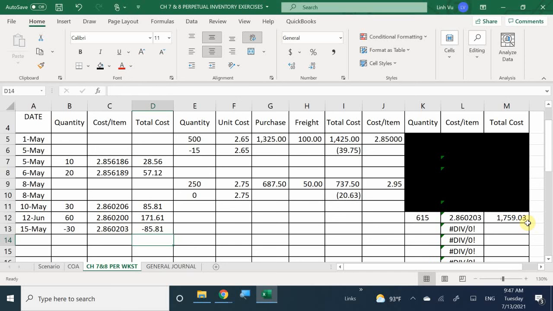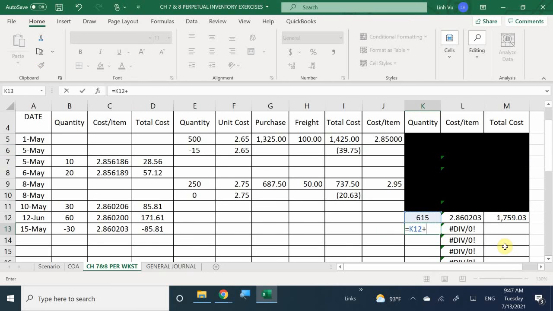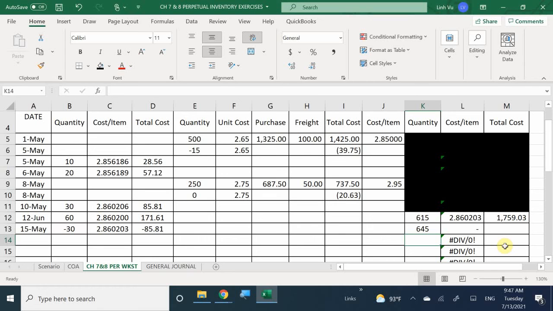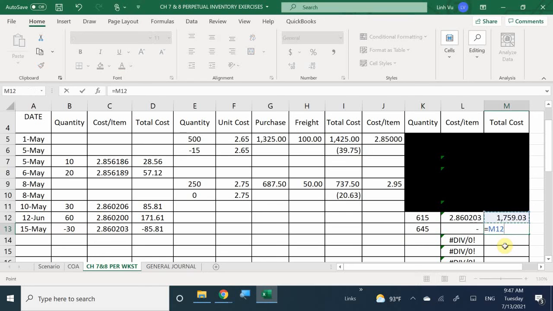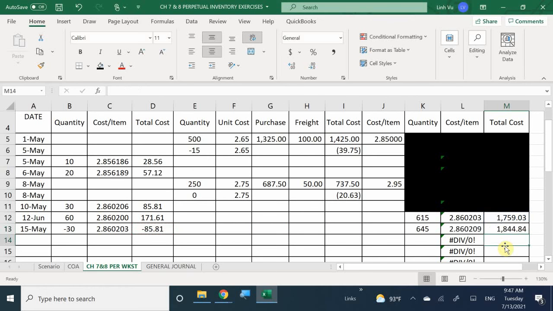So if I have to put this back into my inventory, therefore I gotta increase my quantity and also increase my total cost. So I should now have 645 items left. And what's my total cost? 1844.84. Good.